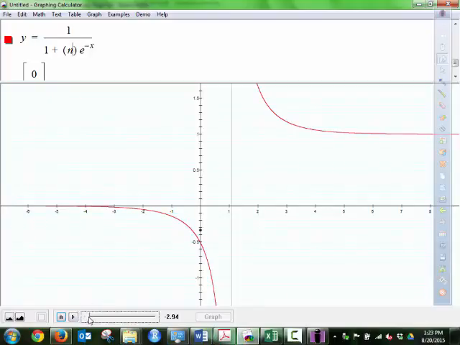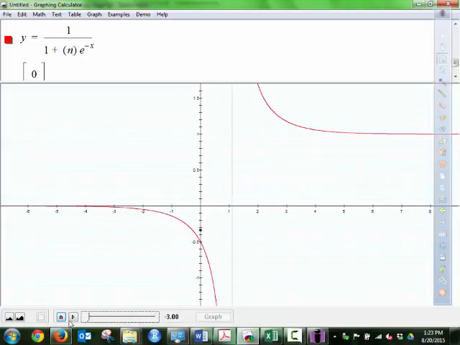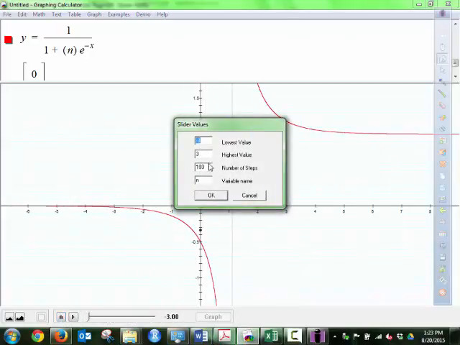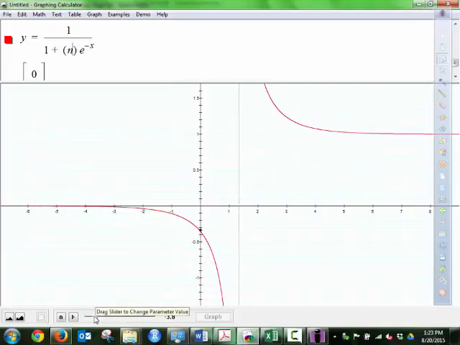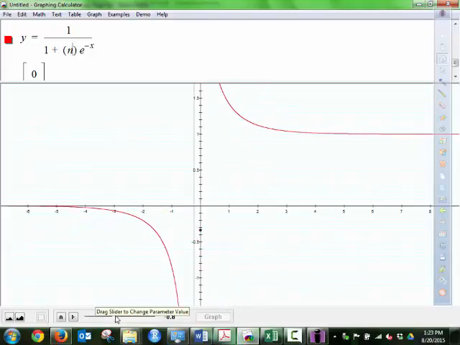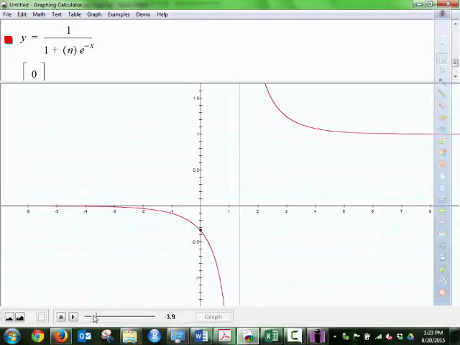As I move my parameter, oh, I didn't hit it. I need to go further. As I move my parameter, somewhere along the way I'm going to hit that point. You see that black point over there? Right around here, I would hit that point.